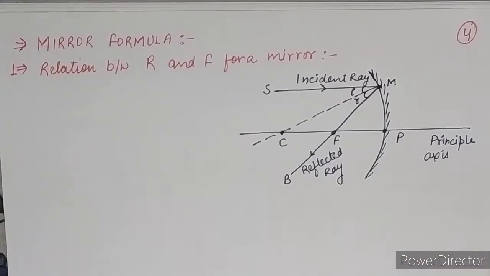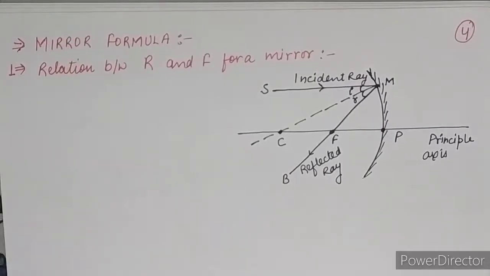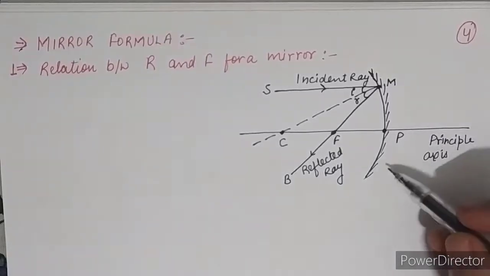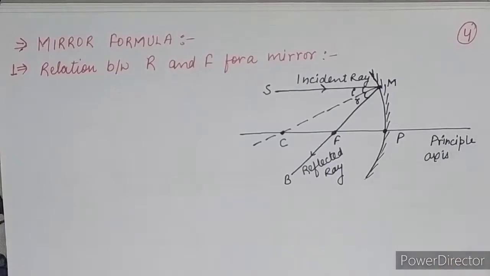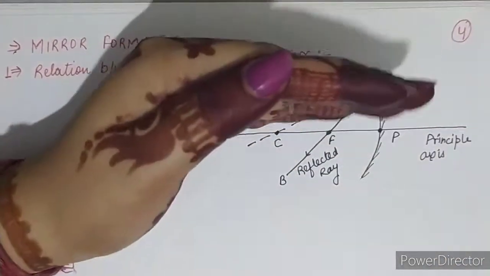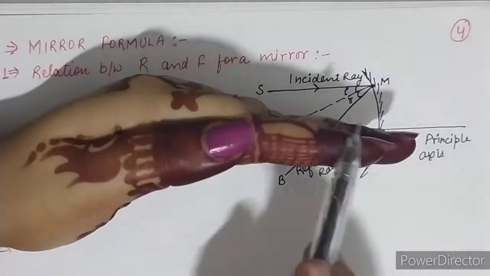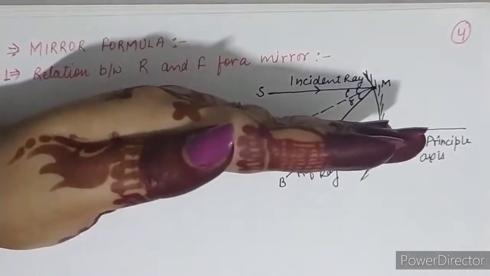Now moving ahead, to understand this relation between R and F, you have to be clear about this. The mirror which we have taken is of a very small aperture. If the aperture is very small, it is not so much bent, it is like a straight mirror.